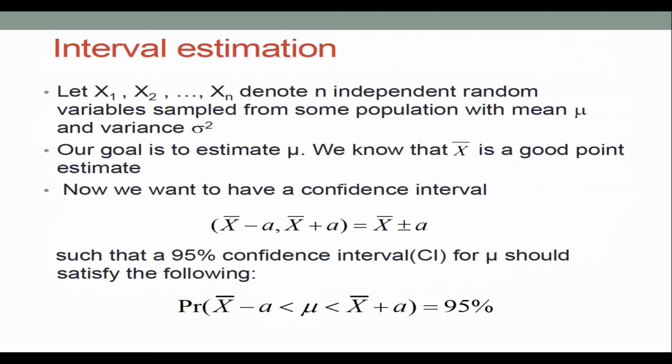In practice, the meaning of the 95% confidence interval is that we draw a large number of samples with size n. Each time, we use this technique to get an interval estimate. Among those many samples, say we repeated 1,000 times, about 95% of them cover the true population mean mu.